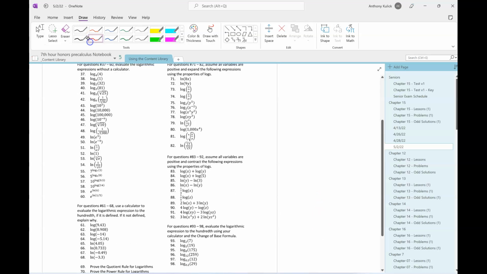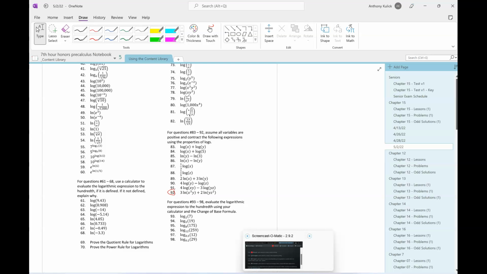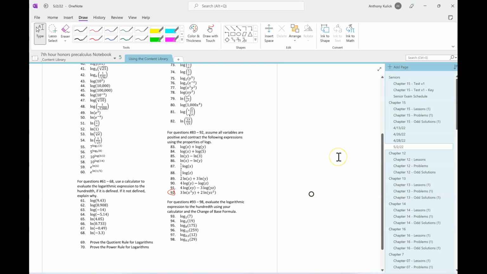All right, 92. So we're condensing here. The order that I apply properties for condensing is power, product, then quotient. So I see two power properties because of the coefficients. The thing I have to be careful about is that the power property applies to everything inside the logarithm, so I have like the exponent of an exponent going.